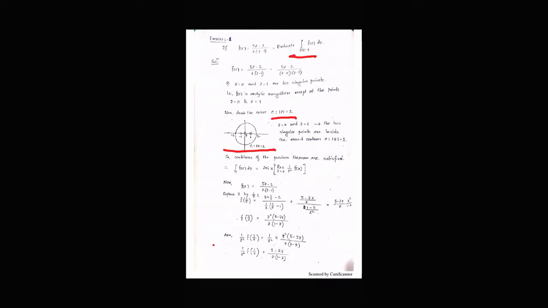Therefore, by the previous theorem, the value of the integration over C will be 2 pi i into the residue of 1 by z square f of 1 by z at the point z equal to 0. Here I have written wrong, I wrote f(z), but it will be f of 1 by z. This is a correction.